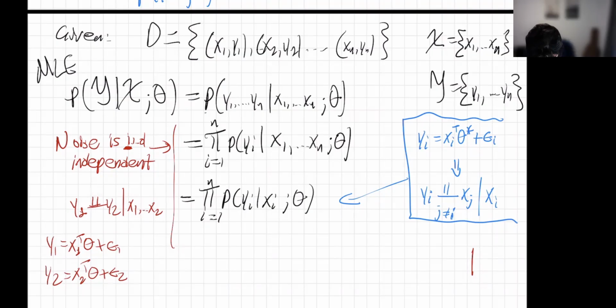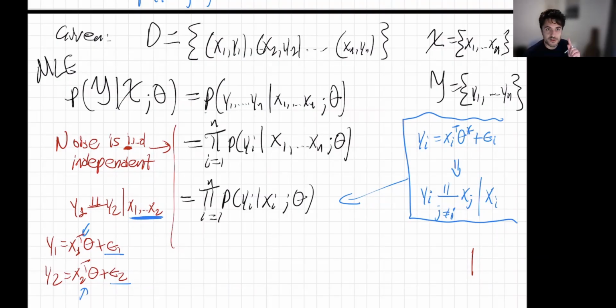Why? Because the only randomness here, remember, if I condition on all of the X's, this is a deterministic value. It's not a random value. The only randomness comes from the two noise variables. And because I have assumed that these noise variables are independent, Y1 and Y2 are independent.